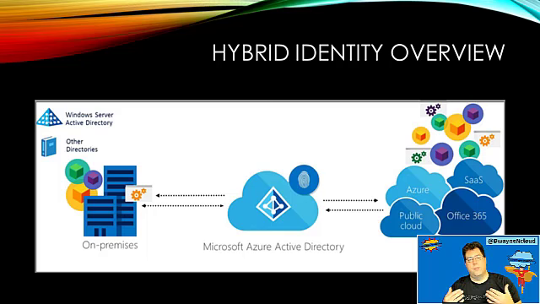So all of those services and how those are utilized, and if we're going to allow those to be accessed through our corporate identity management system, we need to somehow tie those all together.